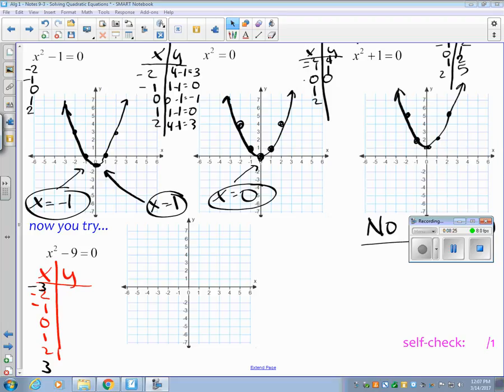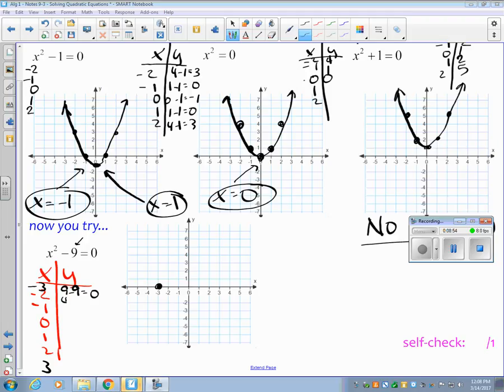The reason that I put the 3's on here and we didn't do 3's in the ones above is because 3 times 3 is 9. In order to get to 0, I have to have a 9 minus 9. So -3 times -3 is 9. Minus 9 is 0. So I definitely needed the -3 on our list in order to get zeros.